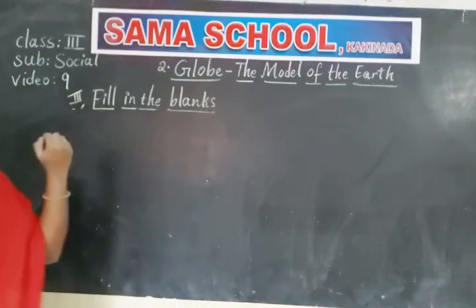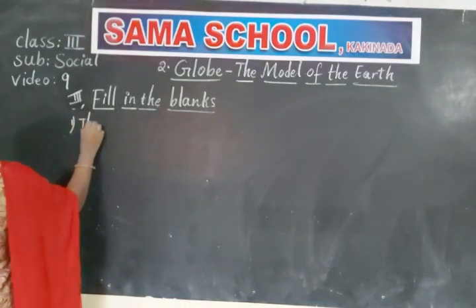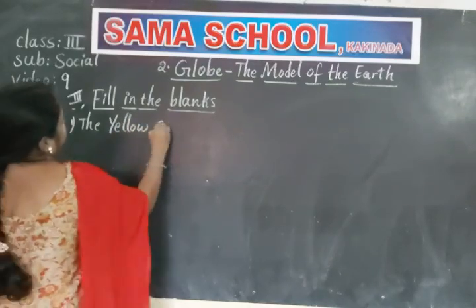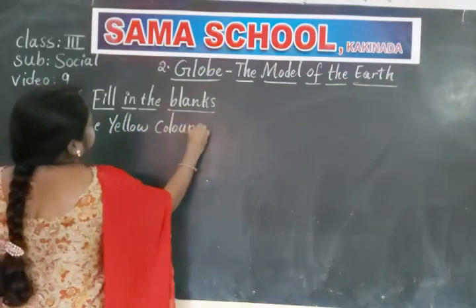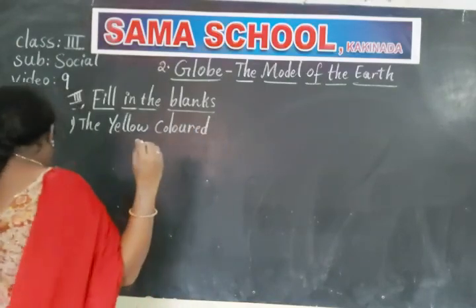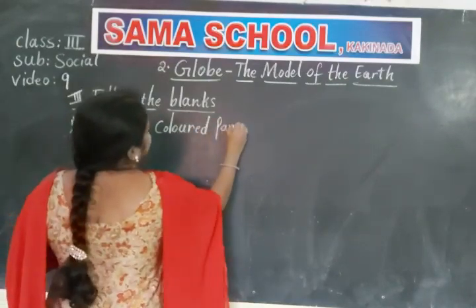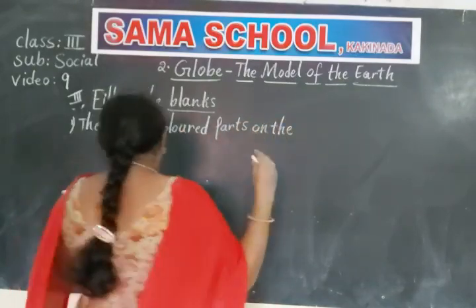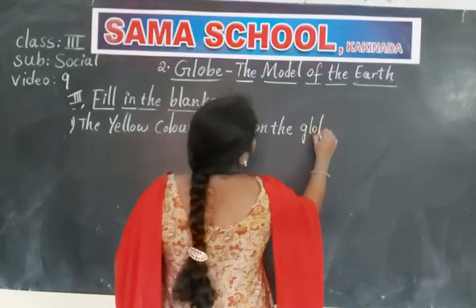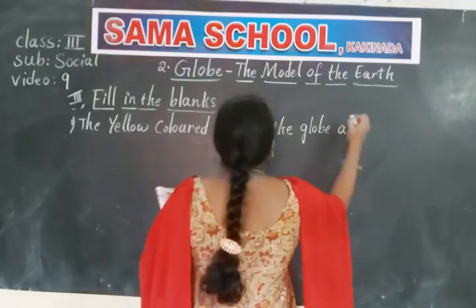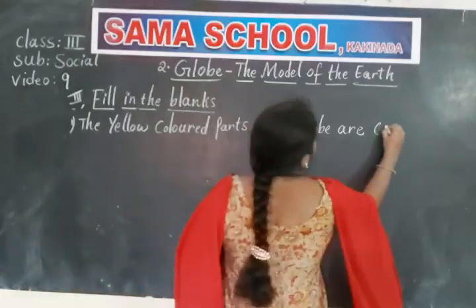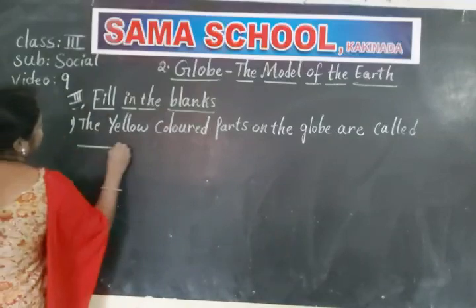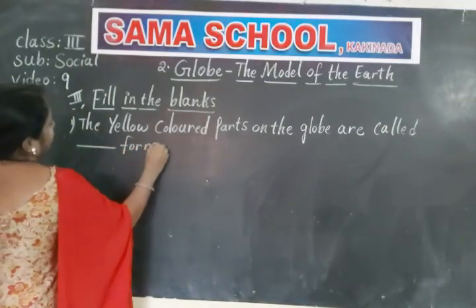Okay, see the first one children. The yellow colored parts on the globe are called dash forms.